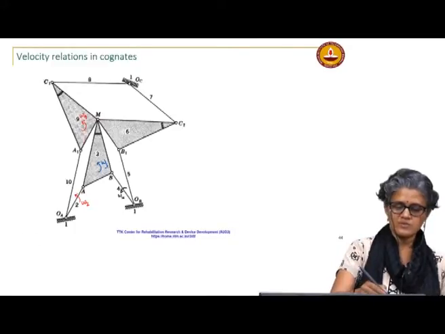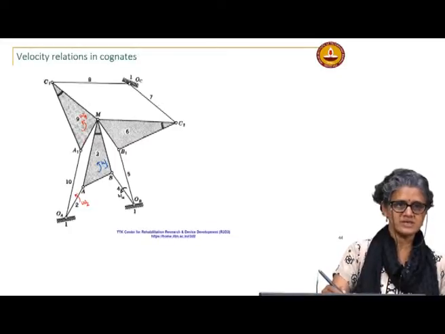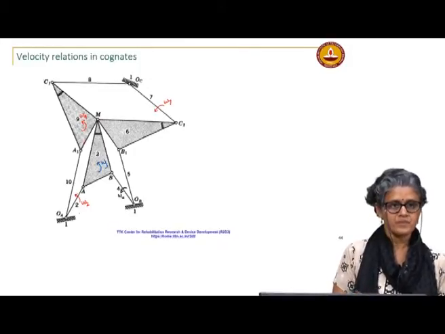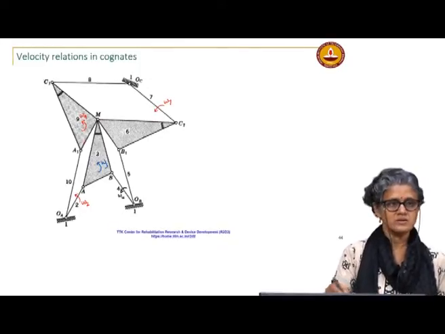Okay. Now, C1M is part of link 9 and it is parallel to link 7. So, omega 7 will also be equal. So, those 3 angular velocities will be equal.